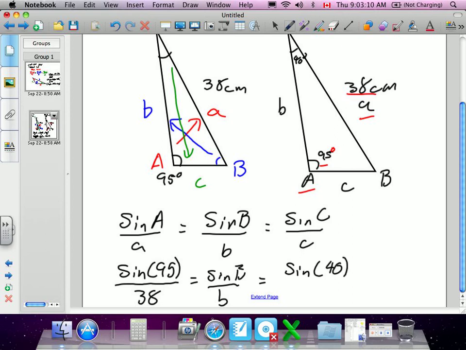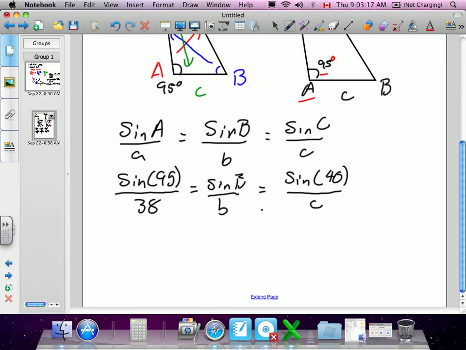Okay, so if we look right now, we have one pairing, so that's all set up. I have no information on this one, and I have one of the variables with our C. Because I have two different types of equal signs in here, I'm going to drop off the part of the equation where I have no information.